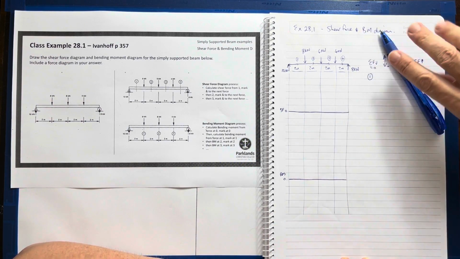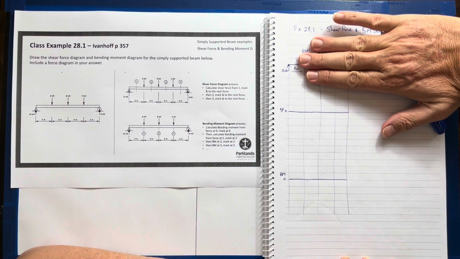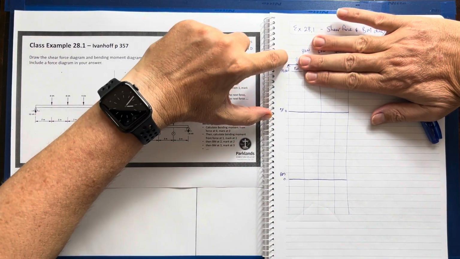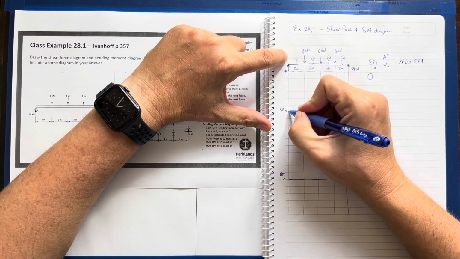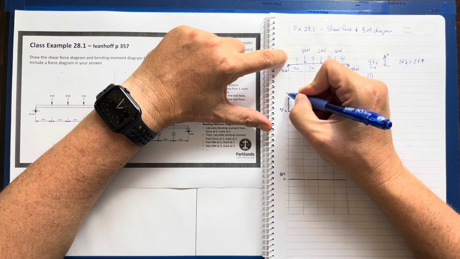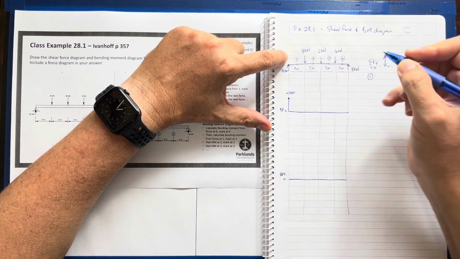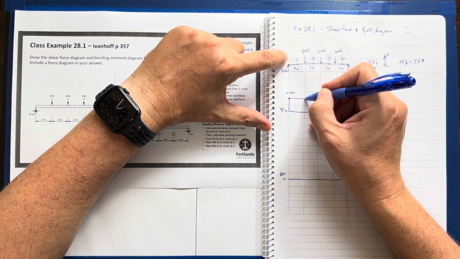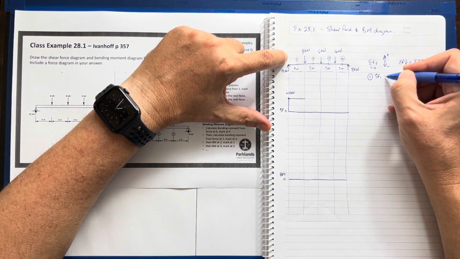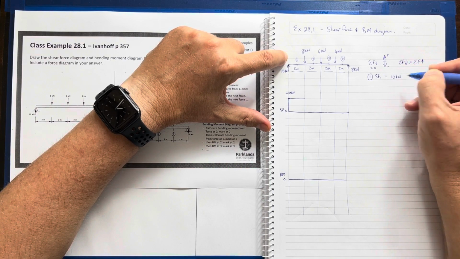If I start with point 1, I ignore everything to the right hand side of point 1. And all I've got is a force going upwards of 10 kilonewtons. I take that across, and there's my shear force at number 1. Shear force at point 1 is 10 kilonewtons upwards.